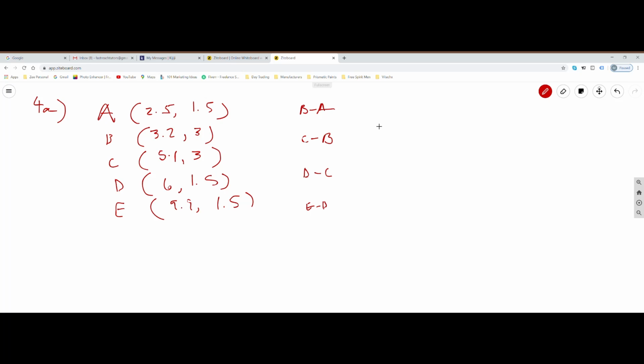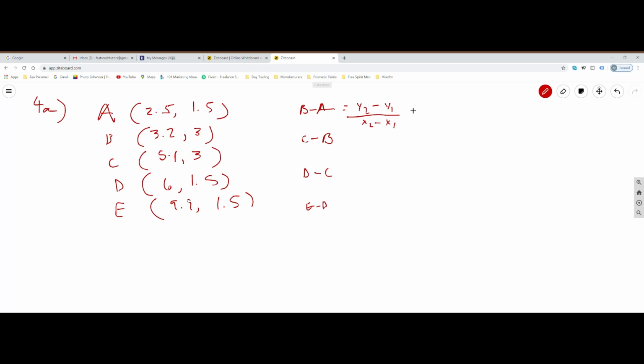You have the formula, which is y2 minus y1 over x2 minus x1.